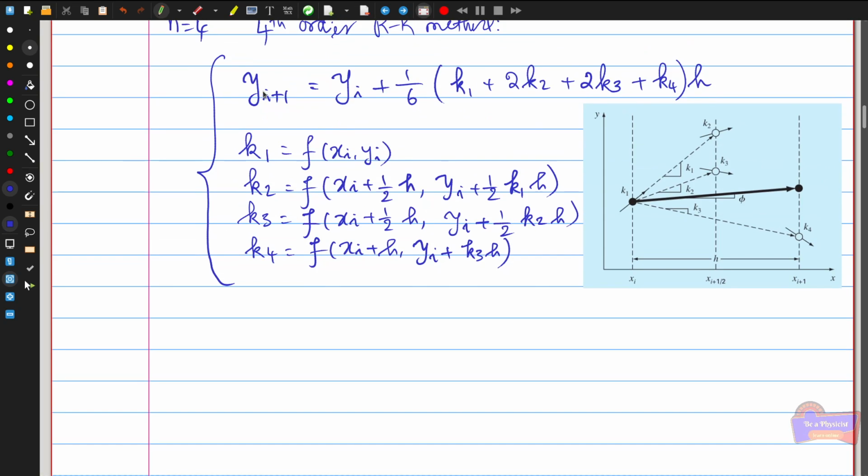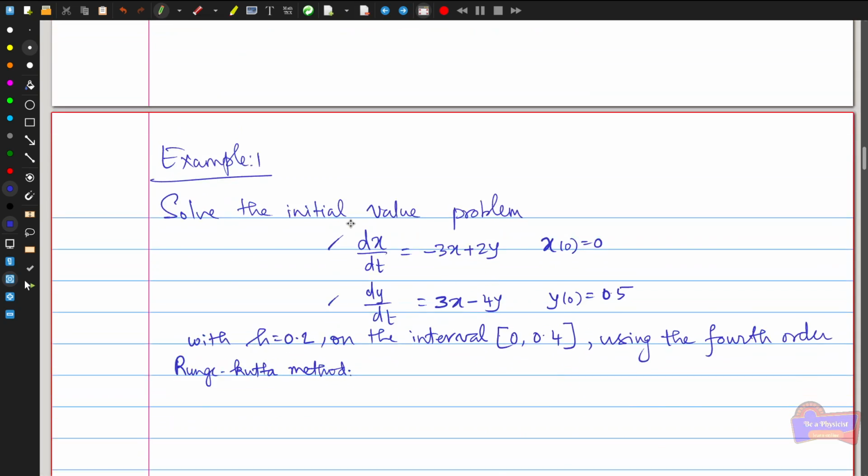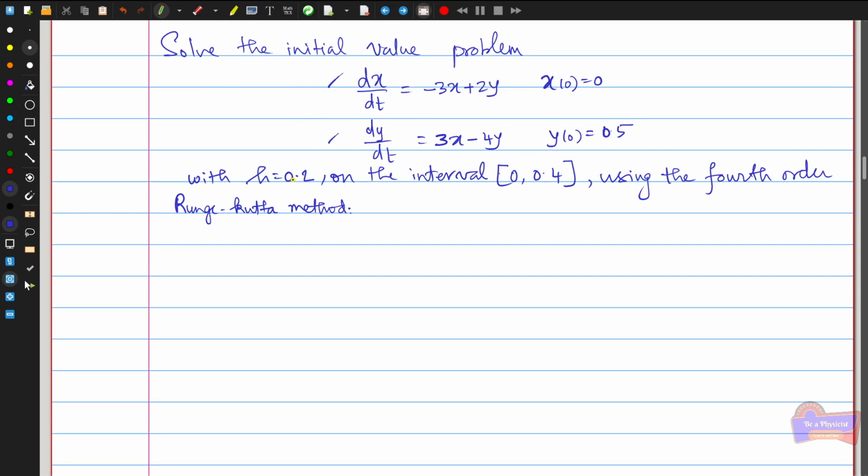Okay, so this is the equation which you have to remember. Based on this equation, first you have to calculate the slopes, and then you can find out the average using this equation.